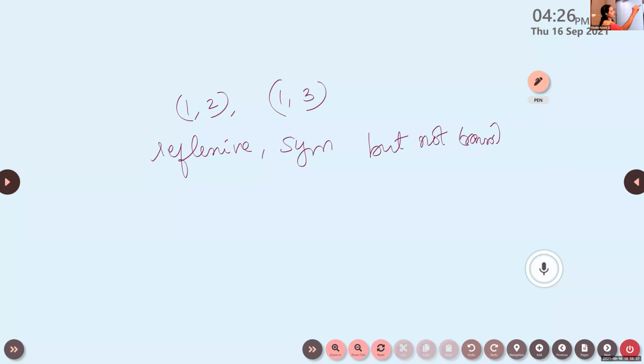It should be reflexive. It must be symmetric, but not transitive. The options given are A is 1, B 2, C 3, D is 4.